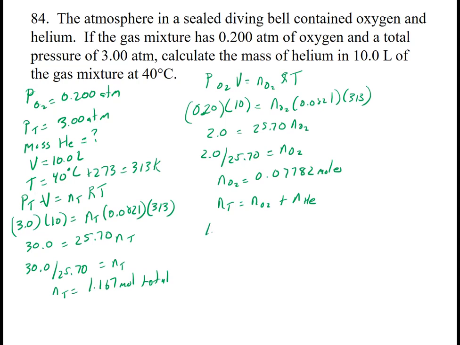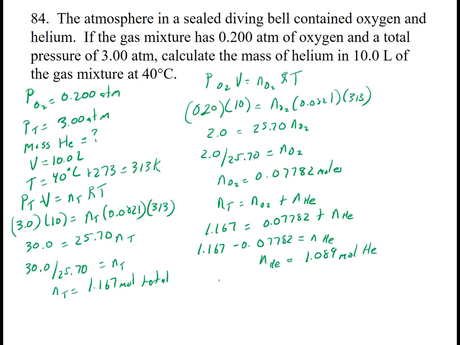So I have 1.167 equals 0.07782 plus N of helium. 1.167 minus 0.07782 is N of helium. So N of helium is equal to 1.089 moles of helium.